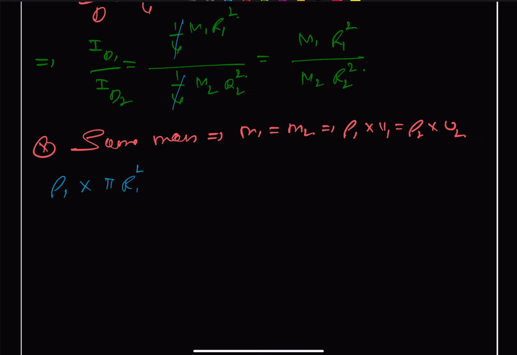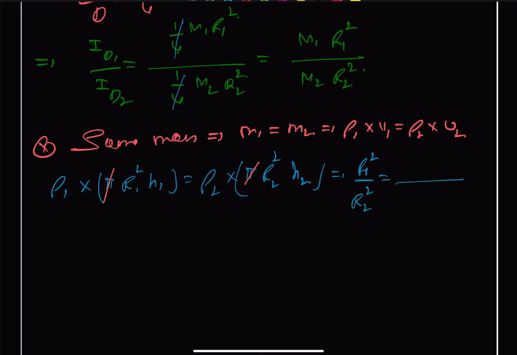So rho 1 pi r1 square h1 is equal to rho 2 pi r2 square h2, and pi and pi cancel out. So we get that r1 square upon r2 square will be equal to rho 2 h2 upon rho 1 h1.